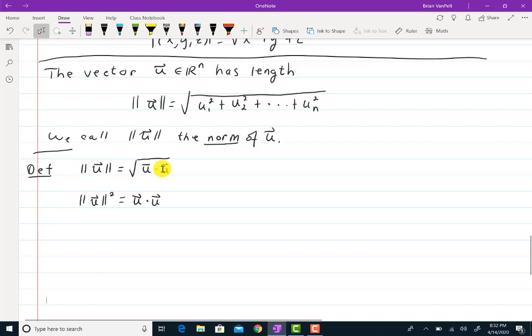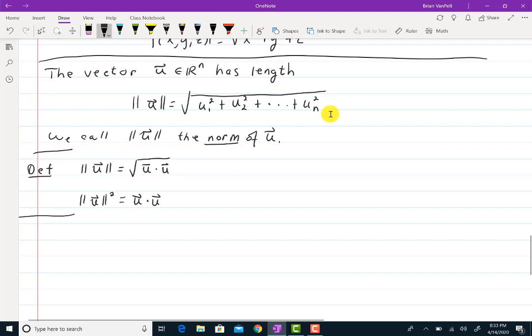The standard deviation might take this format, but the variance takes this format here. So make sure you can see that this is the same as this. If u is u1 to un, then when you dot it with itself, you take u1 times u1 plus u2 times u2 all the way up to un times un.